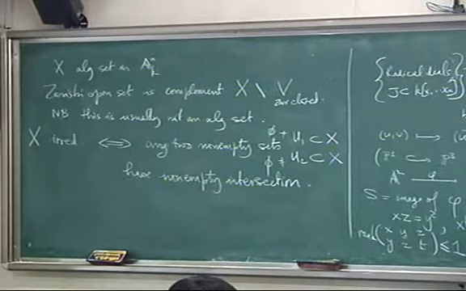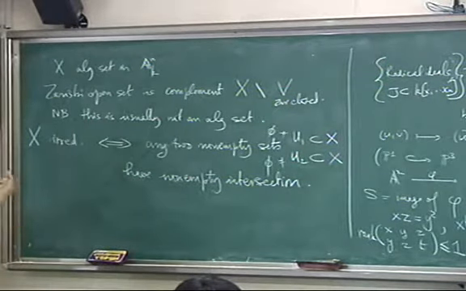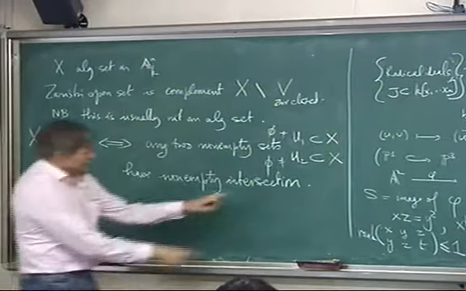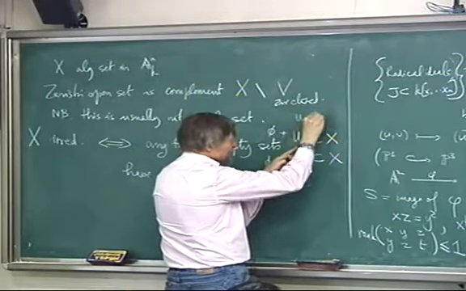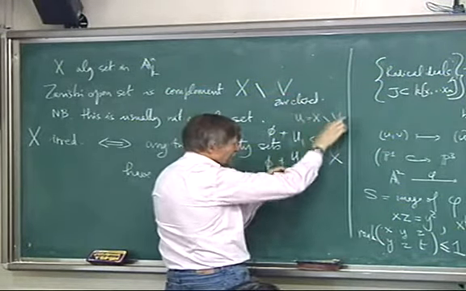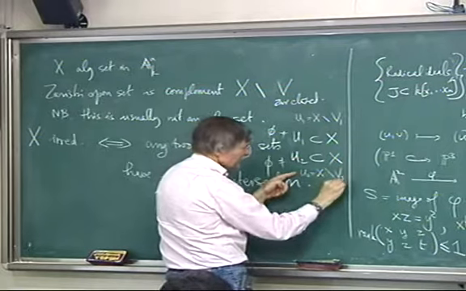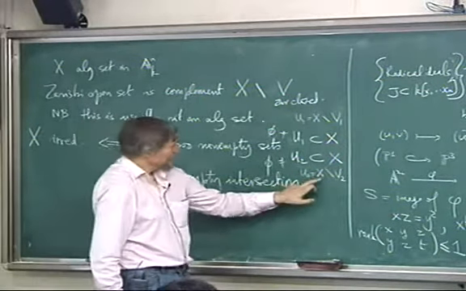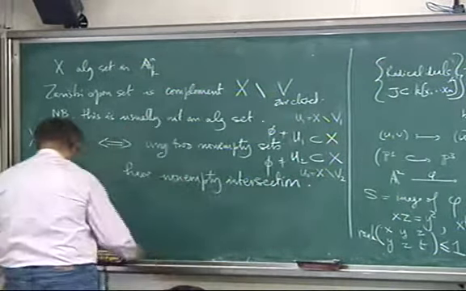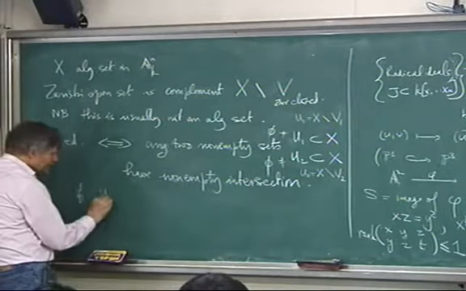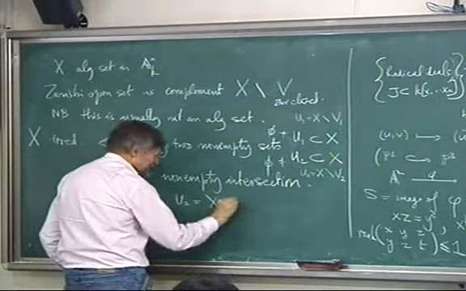Okay, so how do I prove this marvelous claim? I say it's completely trivial. U1 is X take away V1, where V1 is closed, and U2 is X take away V2.